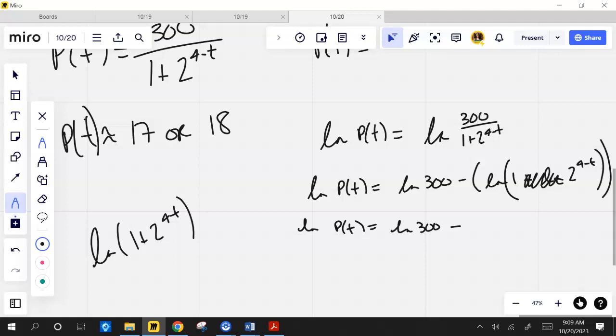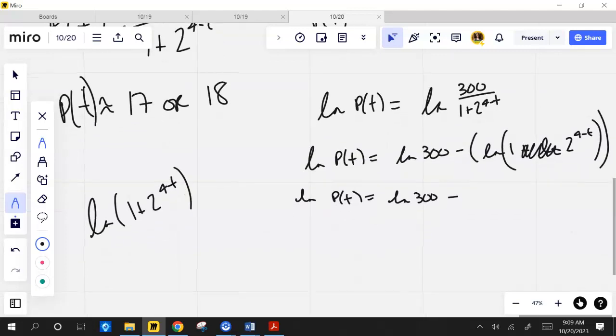All right, if I keep with logarithmic differentiation here, and I'm thinking ahead to whenever I take the derivative, I'm going to have 1 over 1 plus 2 to the 4 minus t, and then I've got to multiply by the chain, so I've got to find the derivative of just this, which is my a to the x, which is on my pink sheet.